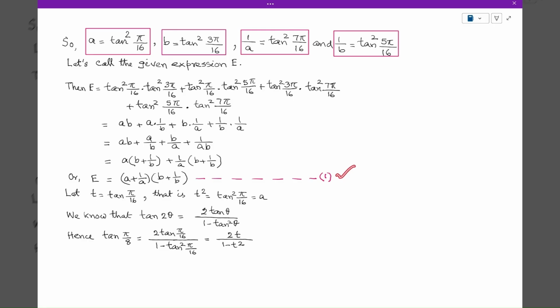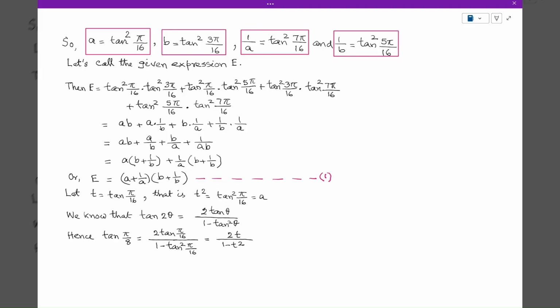Now, let t be tan pi by 16. Earlier we had taken a is equal to tan square pi by 16. Now we are taking t is equal to tan pi by 16. Therefore, t square is a. We know that tan 2 theta is equal to 2 tan theta divided by 1 minus tan square theta.